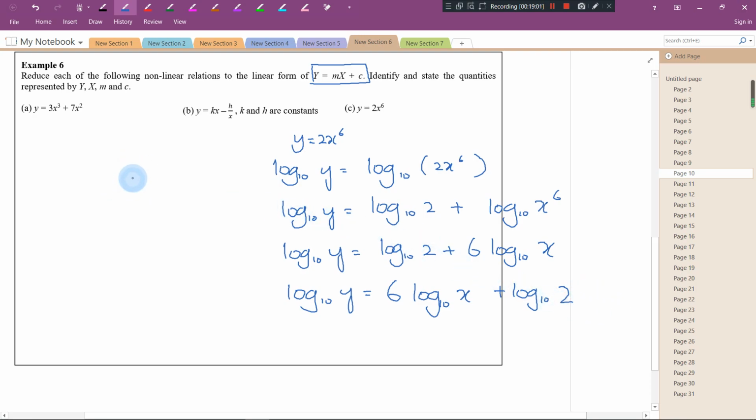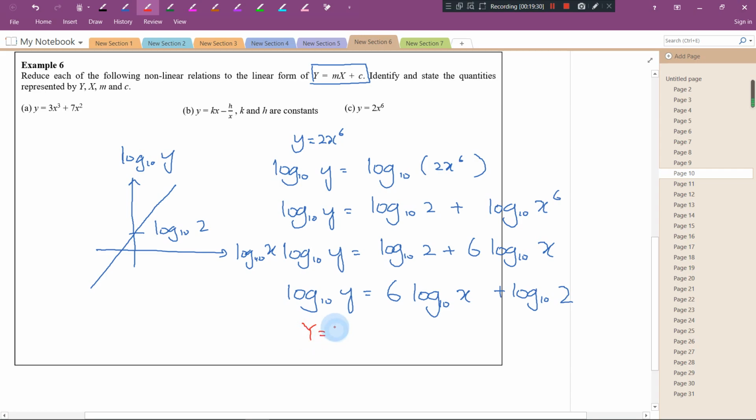So if you draw a graph of log base 10 of y against log base 10 of x, you will be able to get a straight line with a gradient of 6 and the y-intercept of log base 10 of 2.